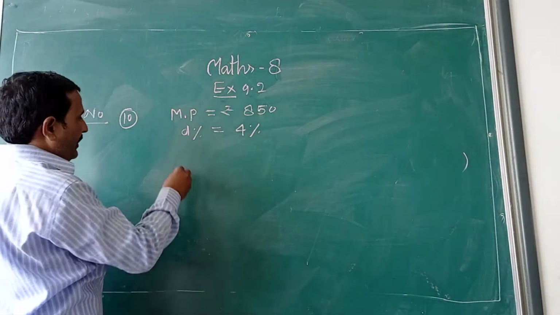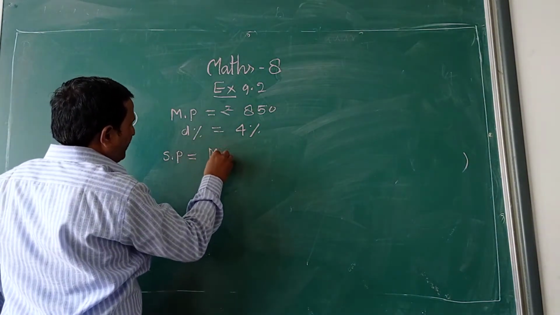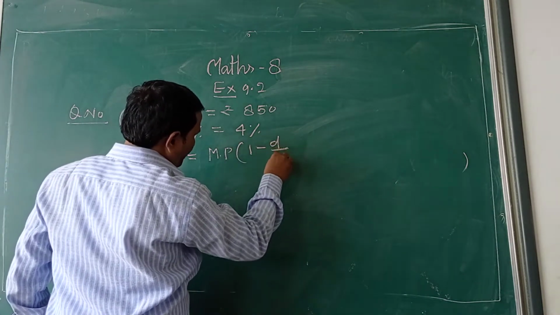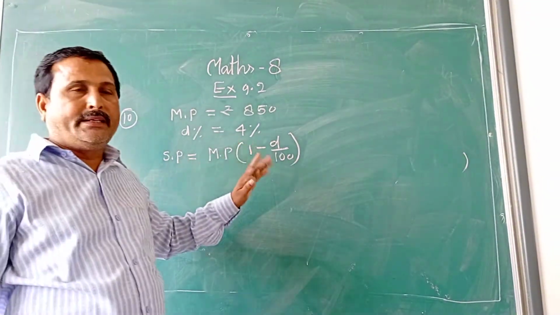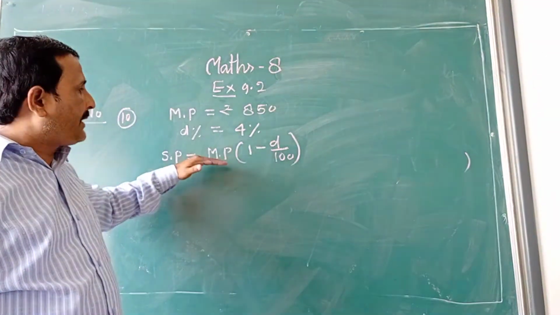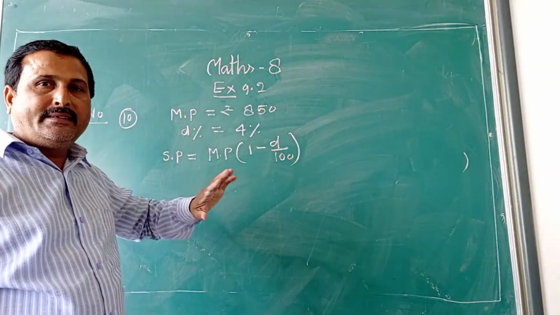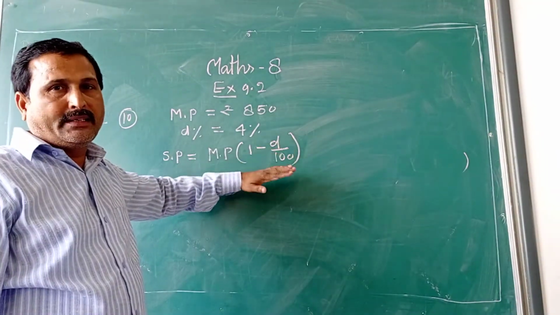The discount is given, discount percent 4%. You know the formula. SP is equal to marked price minus discount percent. This formula I have explained. SP is equal to marked price into 1 minus discount upon 100, or in the book it is given as 100 minus discount upon 100.